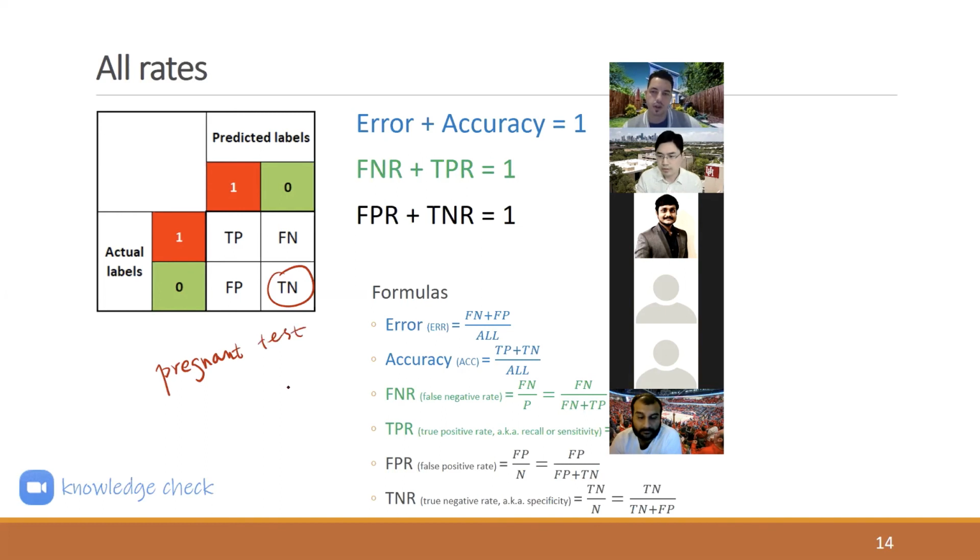Okay, so let's say that's a pregnancy test. Positive case is pregnancy. Negative case is no pregnancy. So in this context, the same term, false positive rate. What is a false positive and what is the false positive rate describing?